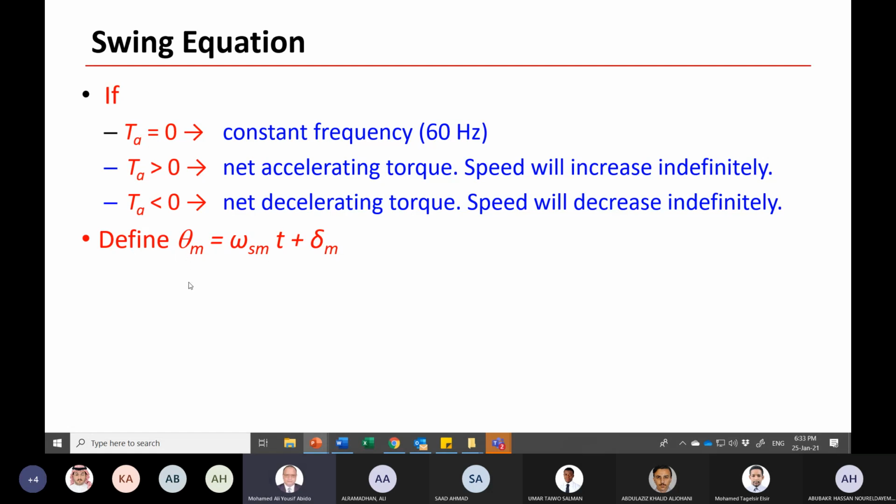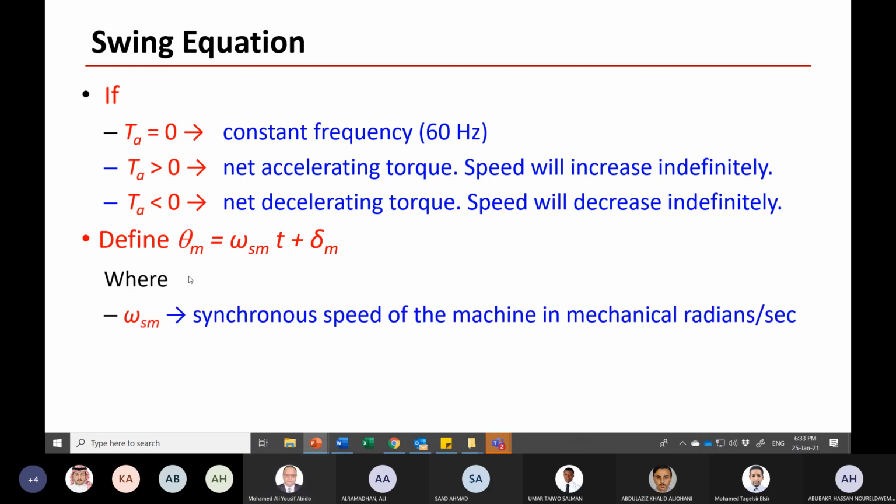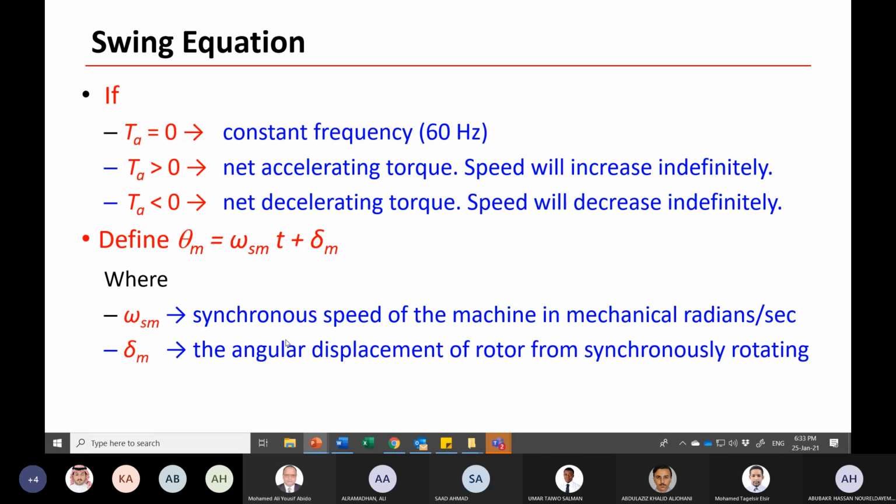So this is theta M. Omega is the synchronous speed of the machine in mechanical radians per second. Delta M is the angular displacement of the rotor from the synchronously rotating reference in mechanical radians.